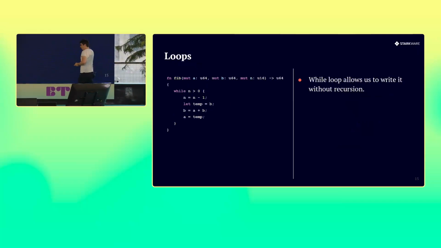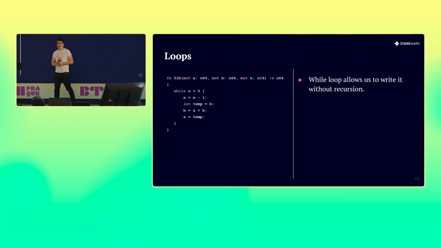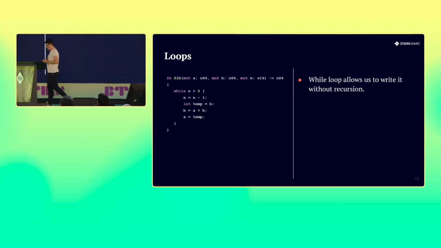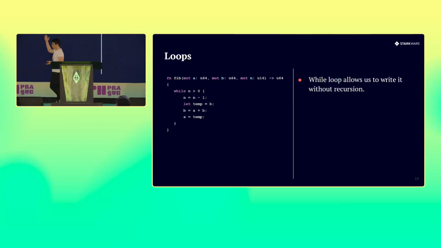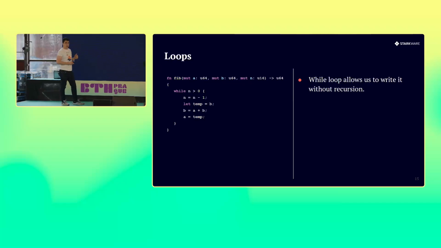Let's look a little bit deeper into Cairo. Again, if you worked with Cairo 0, you know that there was a painful point: there were no loops in Cairo 0. I told you it was sketchy. So now in Cairo we have while loops. It should look like any other while loop that you've seen. Nothing special.